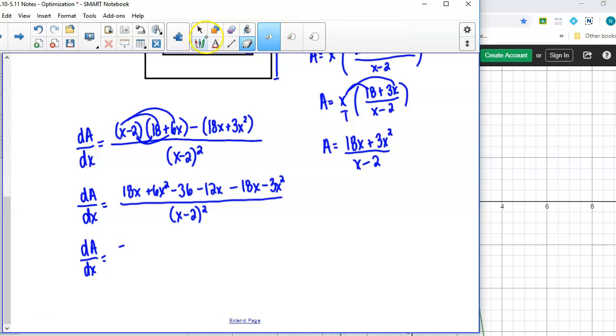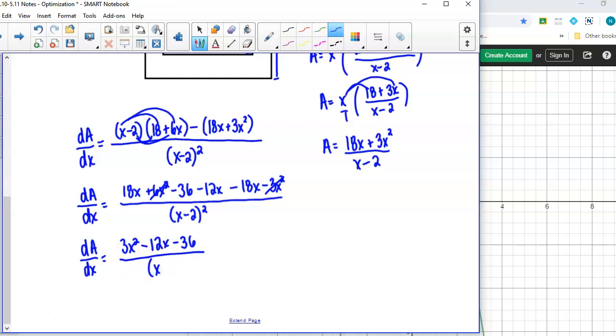Okay, so we've got a positive 6x squared and negative 3x squared, so we get positive 3x squared. And we've got positive 18, negative 18, those cancel. We've got the minus 12x and then the minus 36 all over x minus 2 squared.